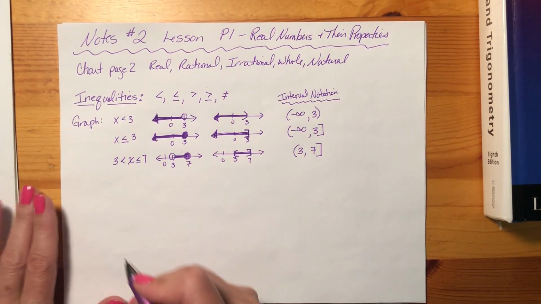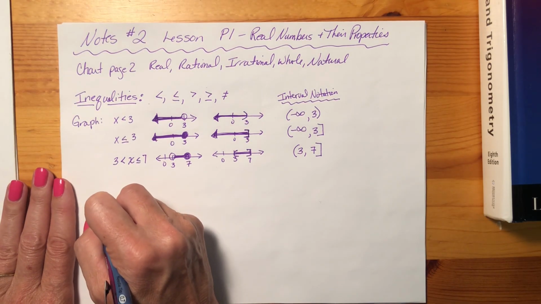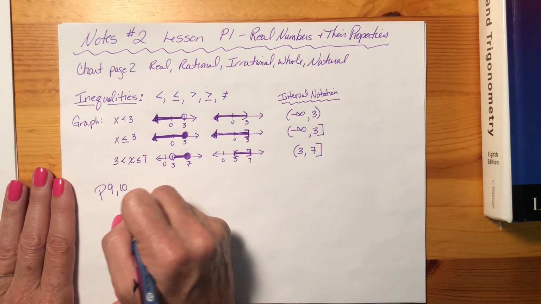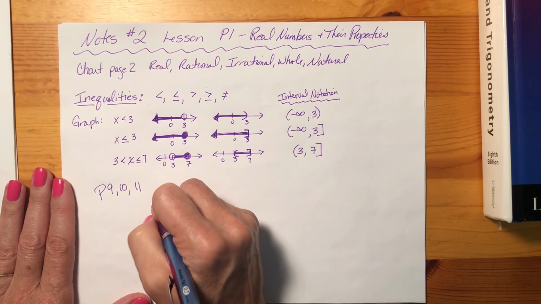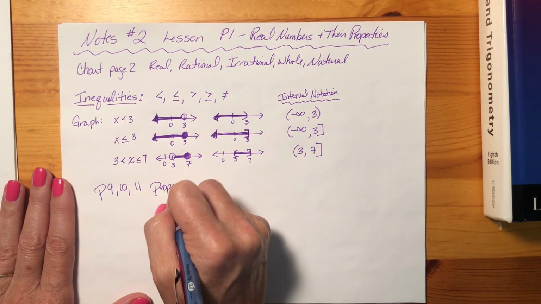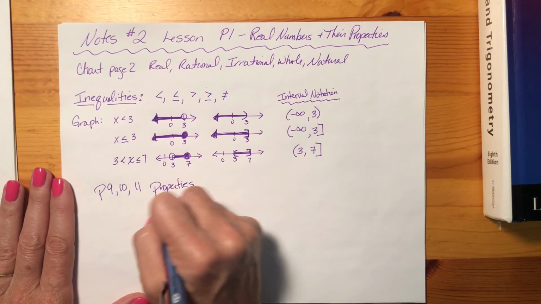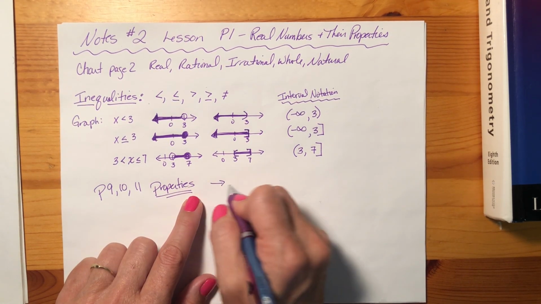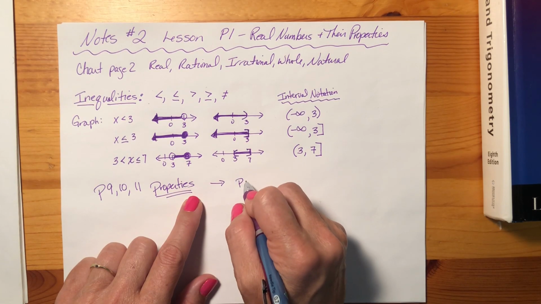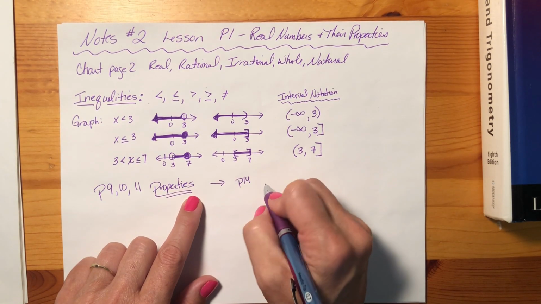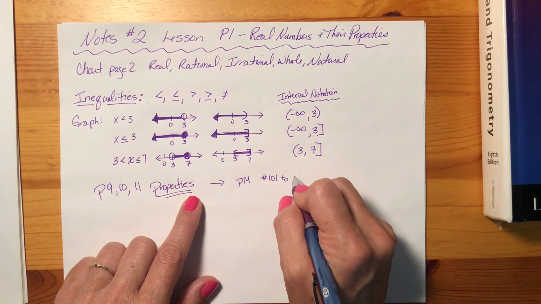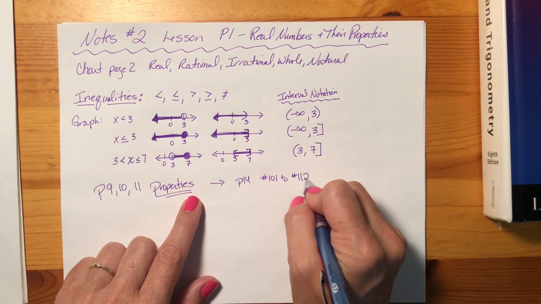There are two things I'd like us to do on page 9, page 10, and page 11. I want you to check out the properties. The properties are all review. You should know these. These are the properties for real numbers. And then there are problems for you to do on page 14, numbers 101 all the way to 112.